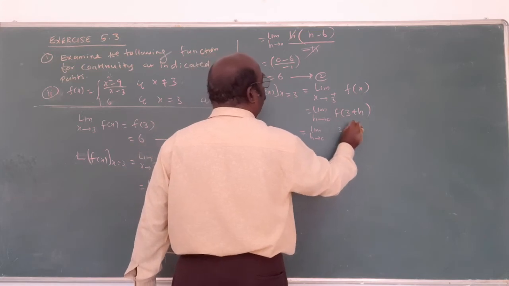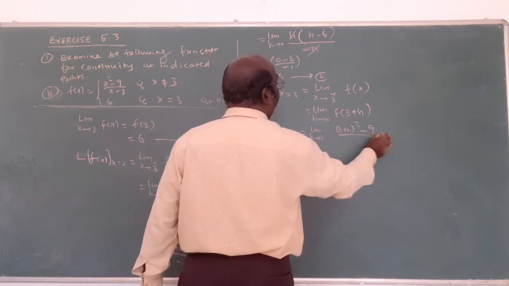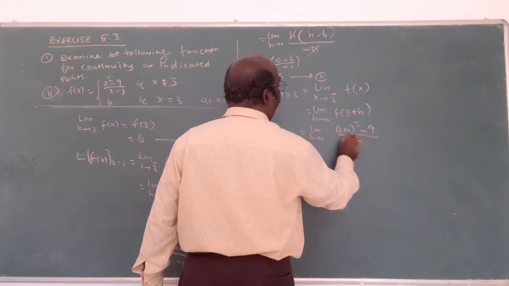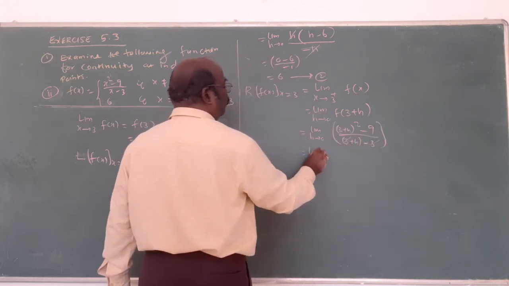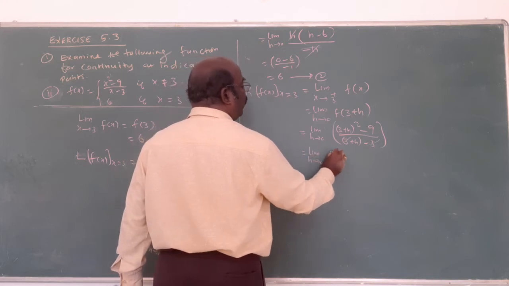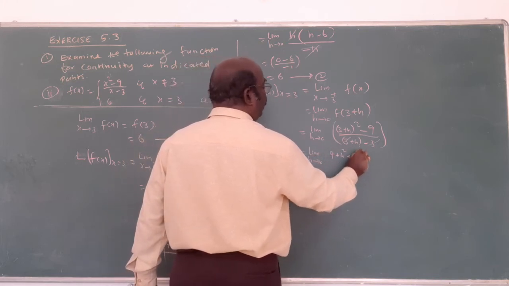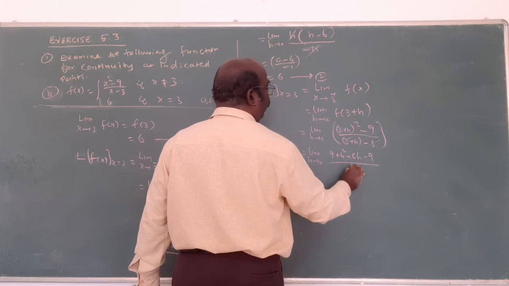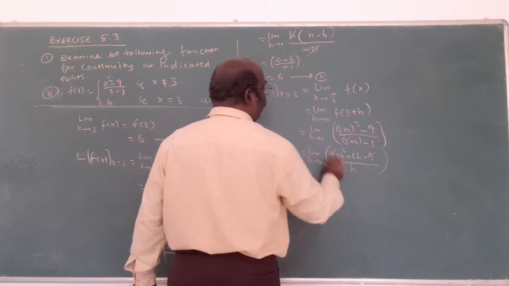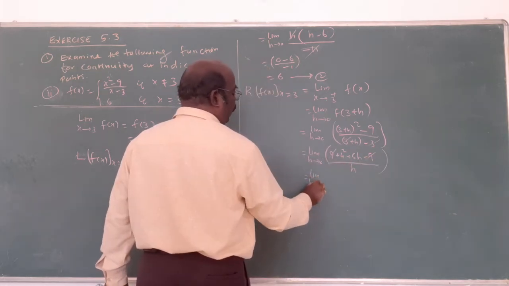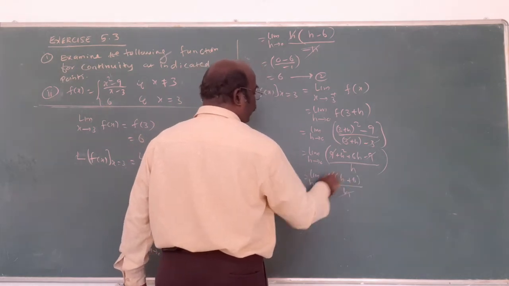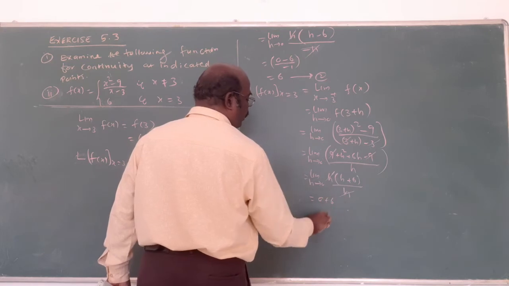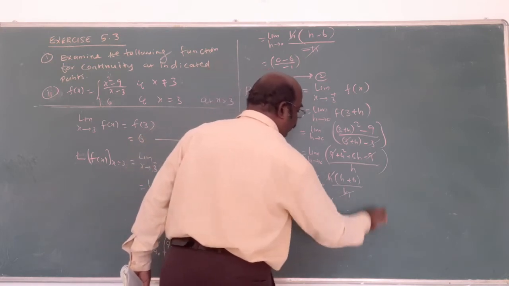So (3 plus x) whole square minus 9, here 3 plus x minus 3. Again using the formula, 9 plus x square plus 6x minus 9 by x. Only x. In the numerator h is common. Take h outside, h plus 6 by x, cancel. Now h is 0, no? 0 plus 6 is 6.